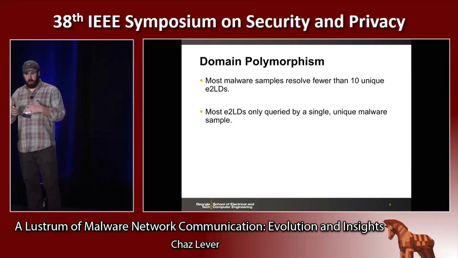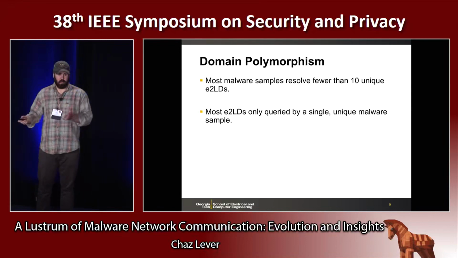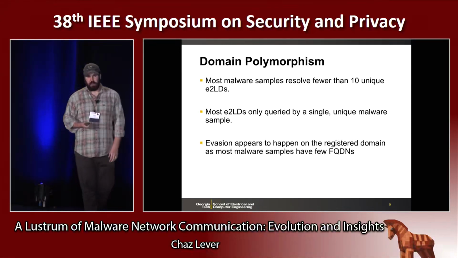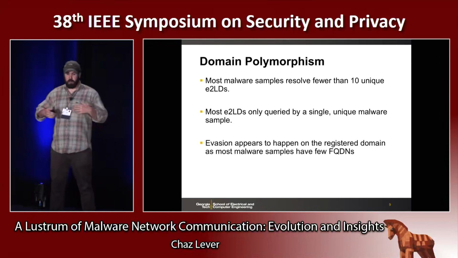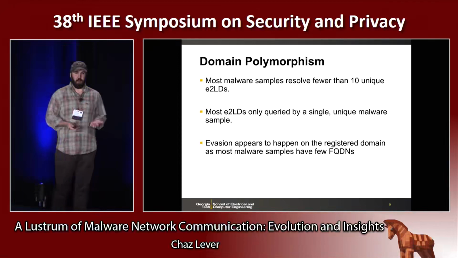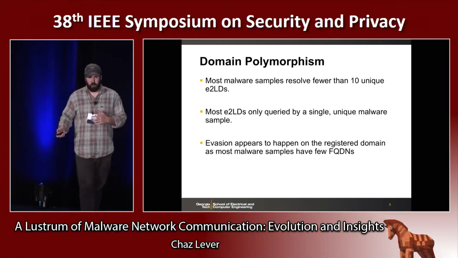So even if a family had a lot of samples, you weren't likely to see the same domain reused across this. And even further, this evasion appeared to happen on the registered domain, not the fully qualified domain name. So there weren't a lot of child labels under these effective second-level domains.